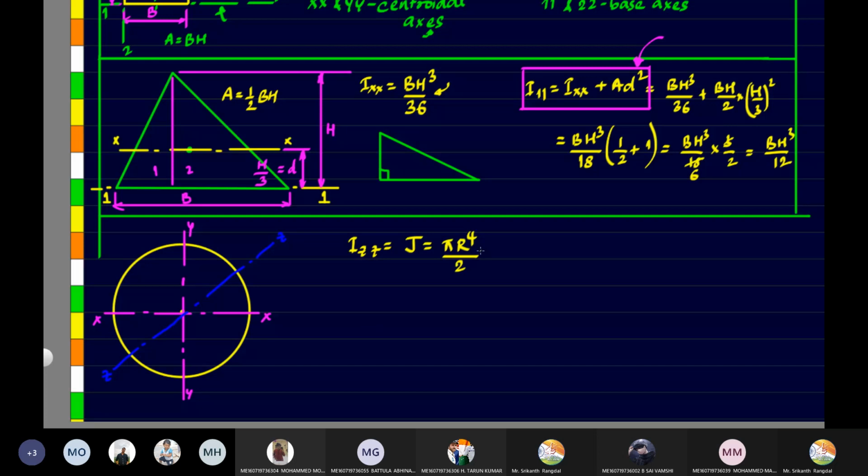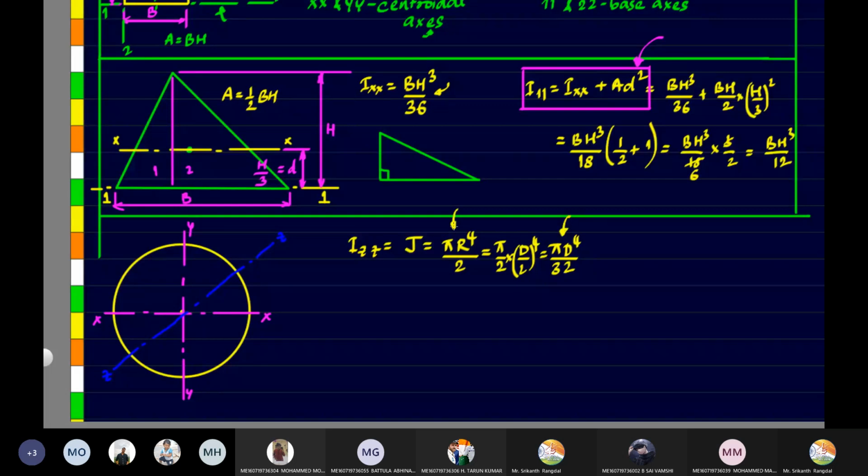Now most of the books write it in the form of diameter, and diameter actually confuses me a lot. I don't know about you. If it doesn't confuse you, then you can remember it that way. So in terms of diameter, what will it be? Pi d power 4 by, 2 power 4 is 16, 16 2s are 32. Okay. So if you are comfortable remembering in diameter, you can use that.